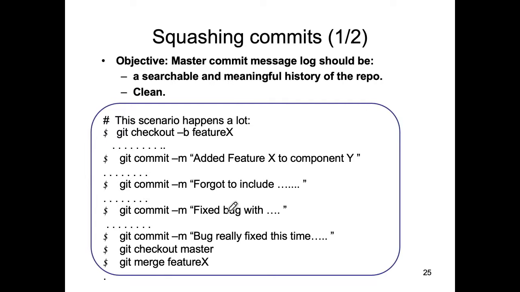So we don't really want to see these commits here on the master branch, ideally. But they would finish up on the master branch if we simply did a straightforward merge at this stage. So what you can do is squash all of these commits into one commit and give that one commit a more appropriate commit message for the master branch. So how do we do squashing?